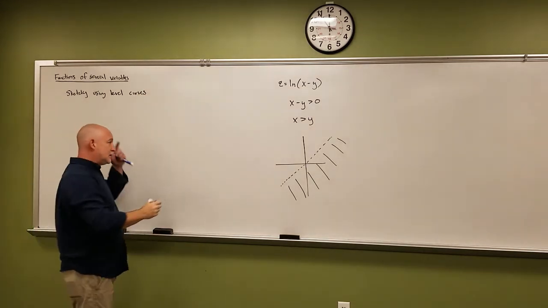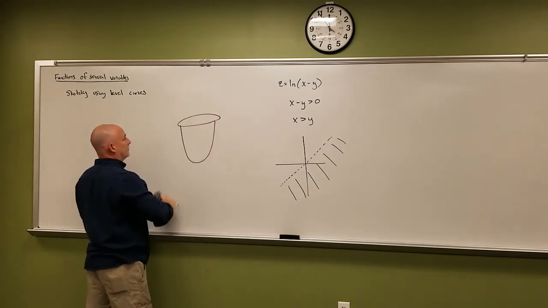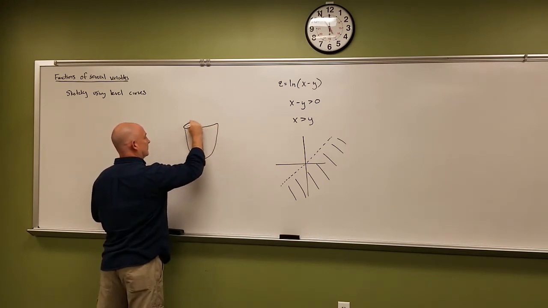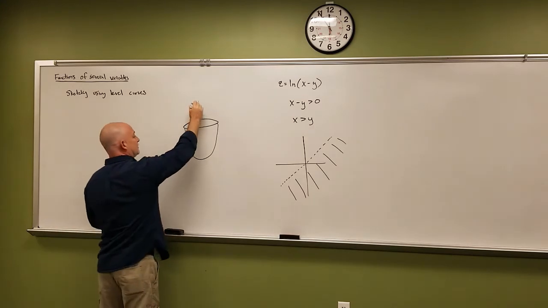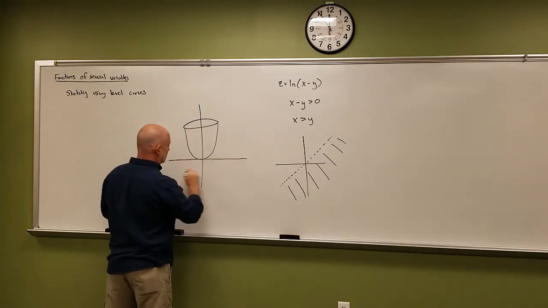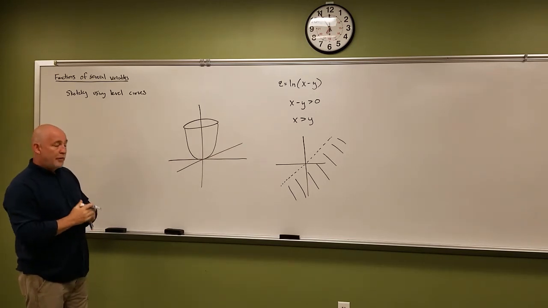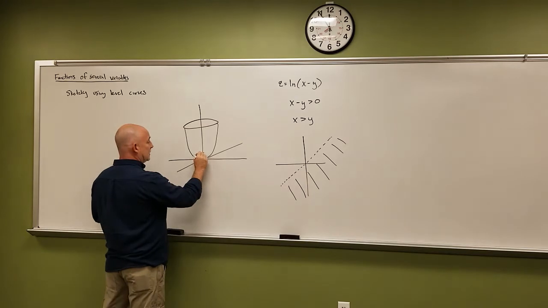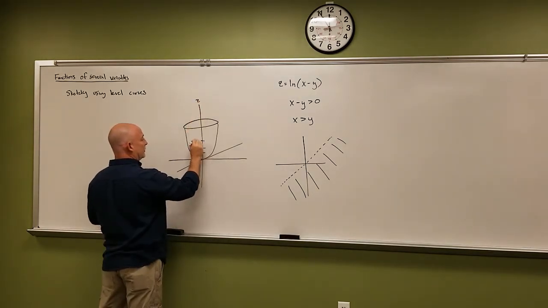Now, what are level curves? Here's the idea. Let's act like we have some 3-dimensional shape out there. Think of this as kind of a bowl, sitting in our x, y, z space. Basically what we're going to do is pick values for z. So I'm going to do z equals 1, z equals 2, z equals 3.